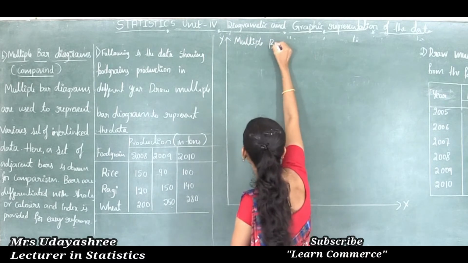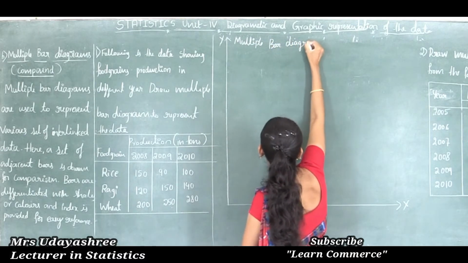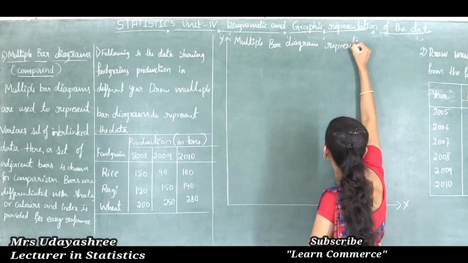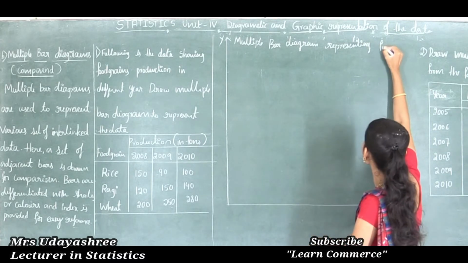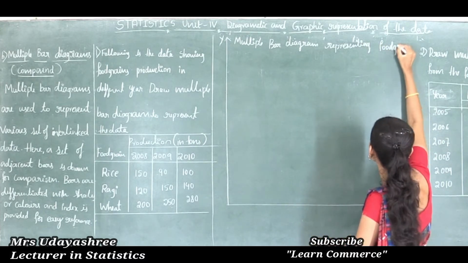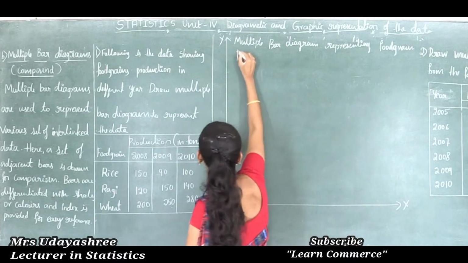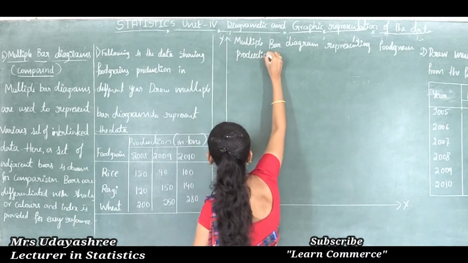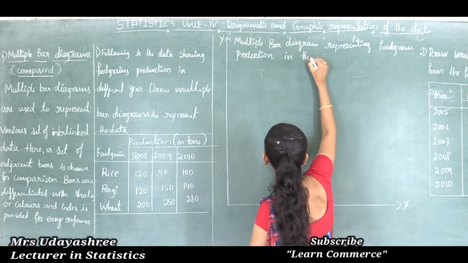Multiple bar diagram representing food grain production in 3 different years.